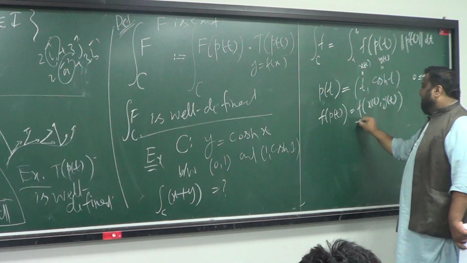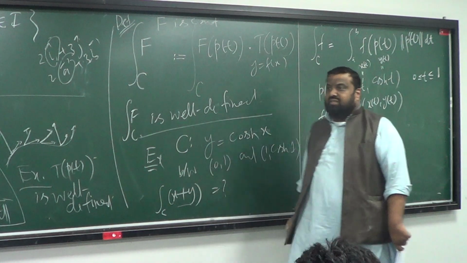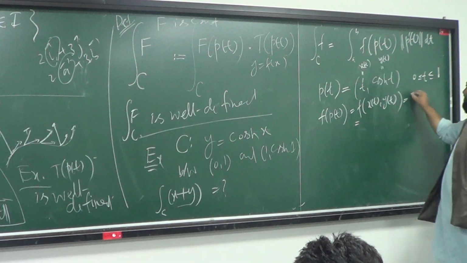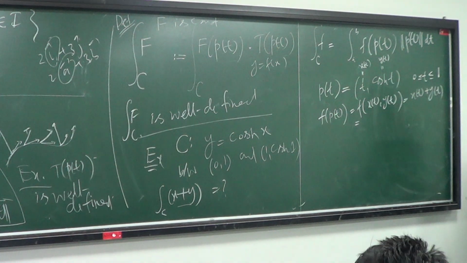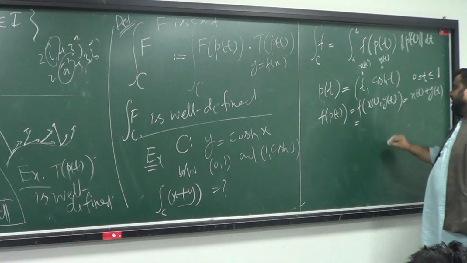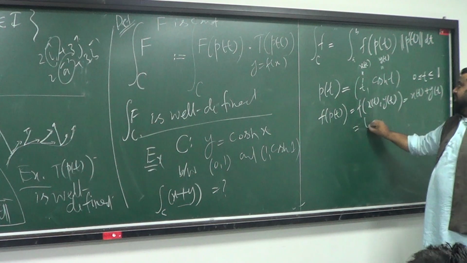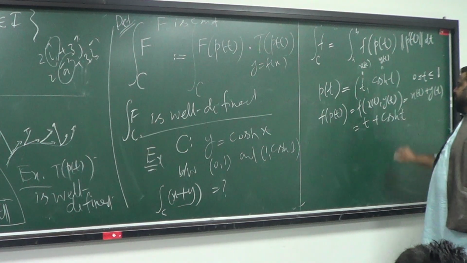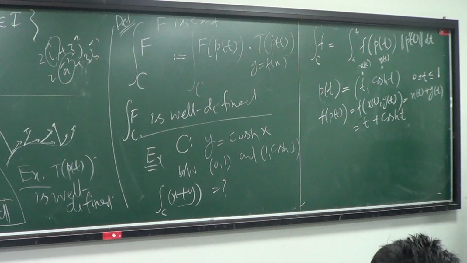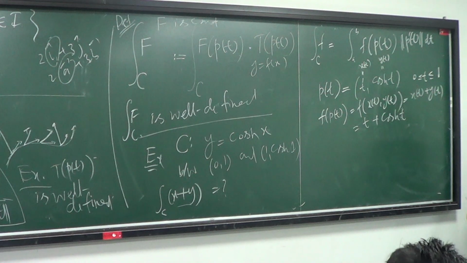So what definition is given to me? That it's x plus y. So in other words, this is x of t plus y of t. And I also know the value of x of t purely in terms of t. So this would be t plus cos hyperbolic t. Okay. So if the parameterization is given to you, all this stuff is very easy, not a difficult thing.